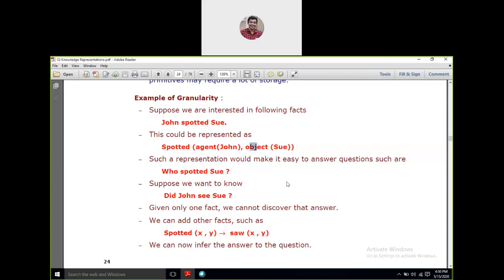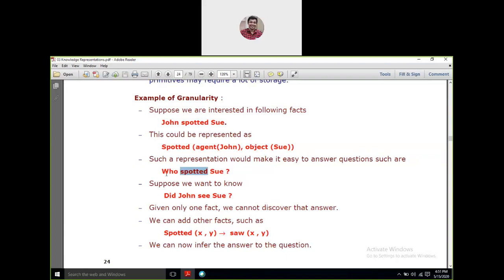Such a representation will definitely give you a very good advantage in answering questions like who spotted Sue, right? The moment we use the actual part of the predicate, that means spotted, who spotted Sue, the answer will immediately come up as John, right?